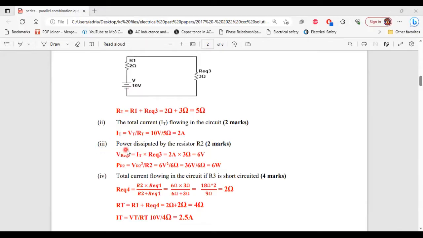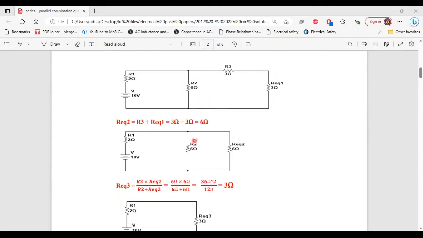It says to calculate the power dissipated by the resistor R2. All right, so let's look for resistor R2. We're going to use this equivalent circuit here. We need to calculate the power dissipated by this resistor, so we need to know the voltage drop across the R2 resistor.